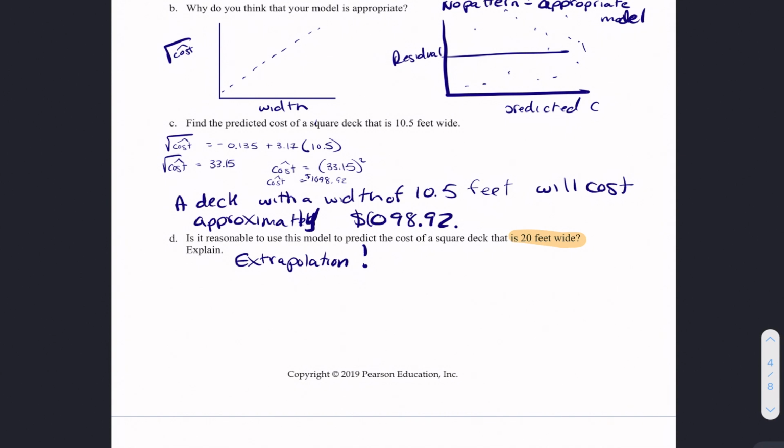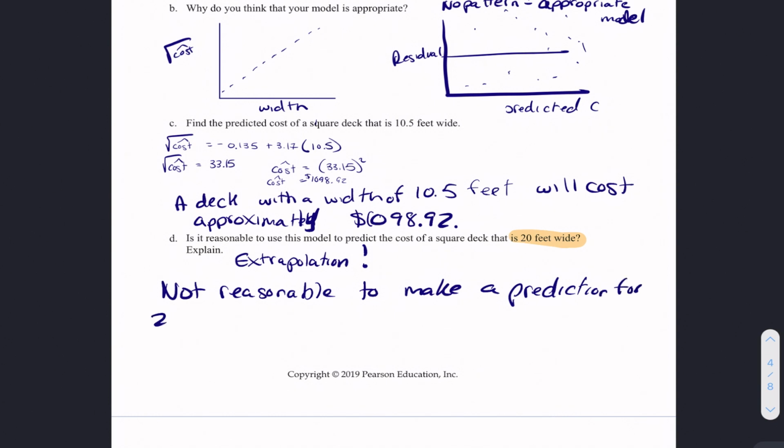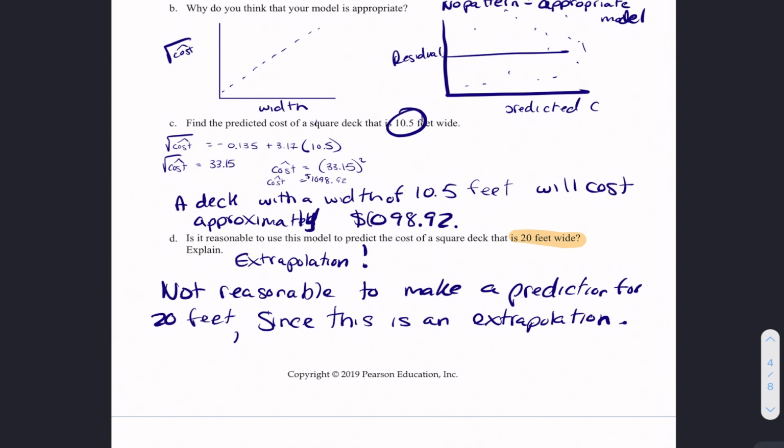It's not reasonable to make a prediction for 20 feet, because this is past our data set, and the previous question, 10.5, was inside our data set. 10.5 feet wide is appropriate, 20 feet is not appropriate.